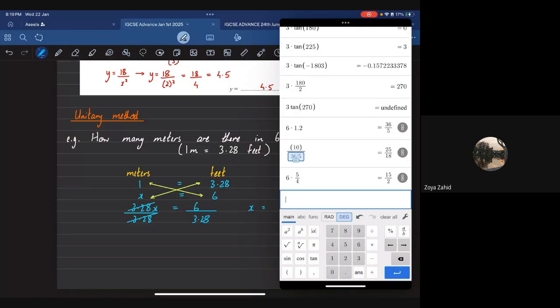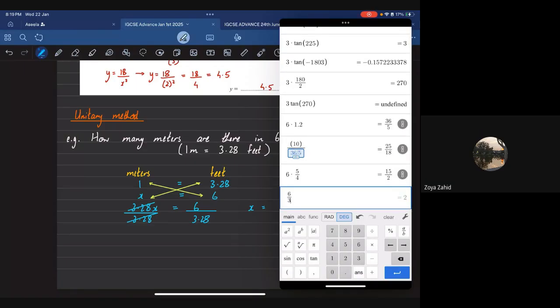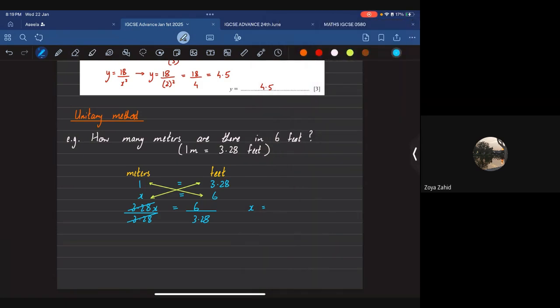Sorry, Zoya, could you repeat that? 1.83. Well done, Zoya. Yes, so it's 1.83 meters. So whoever among us is 6 foot tall can simply say that he is also 1.83 meters tall.